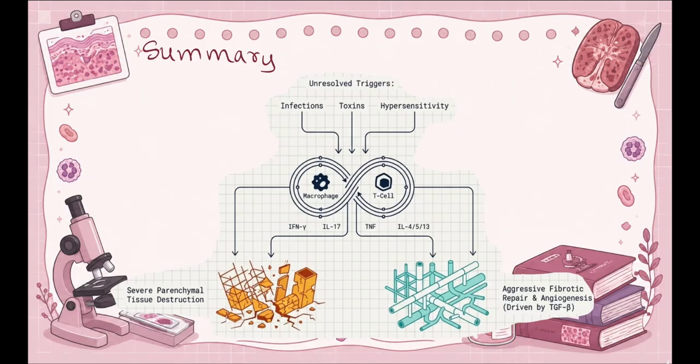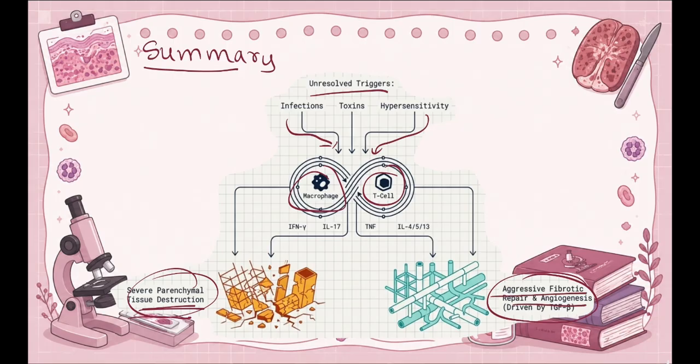Ultimately, this is the integrated engine of chronic inflammation. Unresolved triggers constantly pour into the endless communication loop between macrophages and T-cells. This results in a continuous, unyielding collision. Severe tissue destruction happens on one side, while aggressive fibrotic repair and new blood vessel formation happen on the exact same tissue at the exact same time.